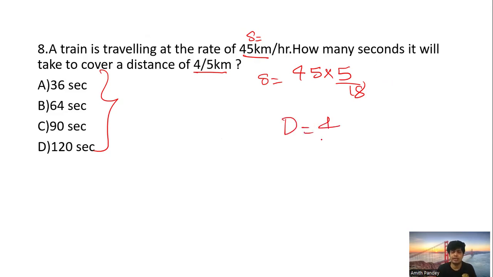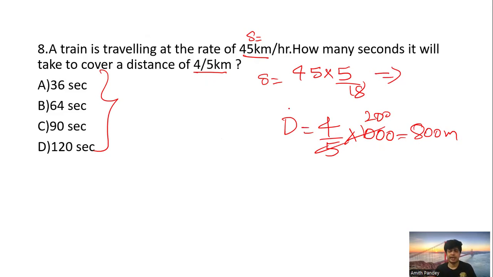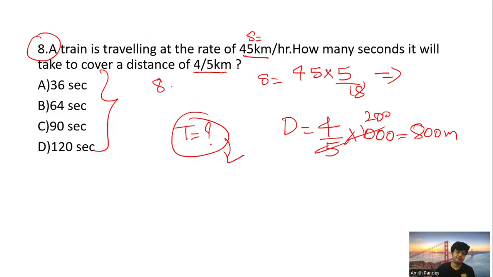Distance or length is 4 by 5. If it is given in kilometer, you simply need to multiply with 1000. So 5 ones are 5, 5 twos are, that is 200. So distance is 800 meter. Find the speed in meter per second and get the time. Okay, just write question number 8 and comment the answer in the comment section. Fine.